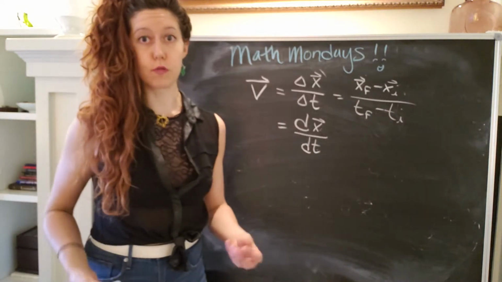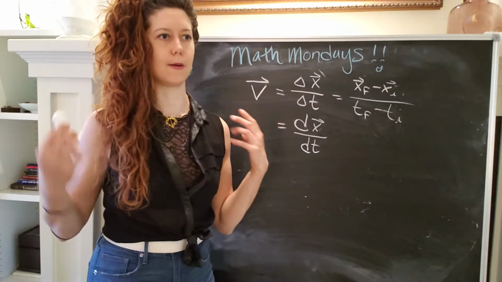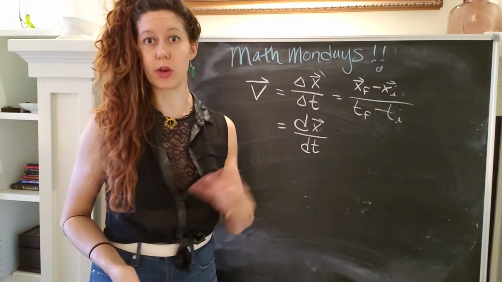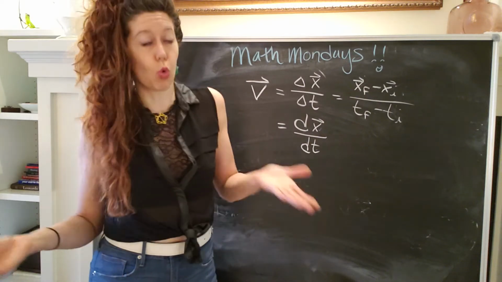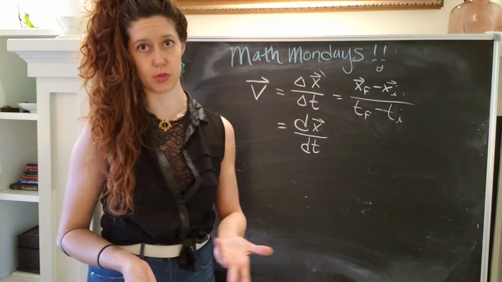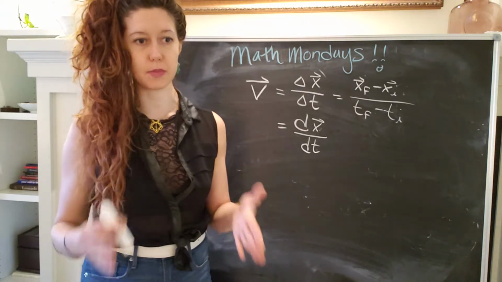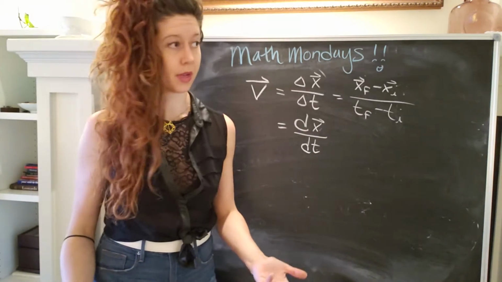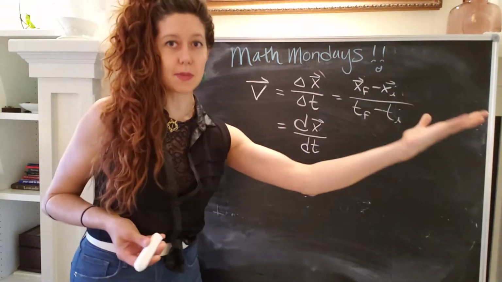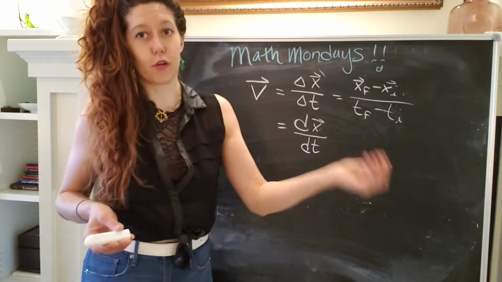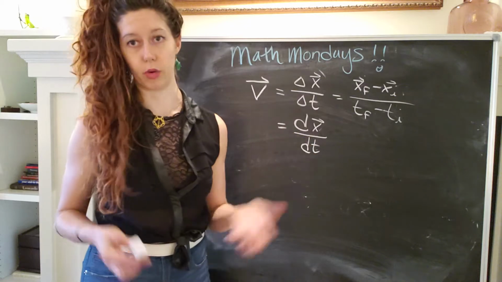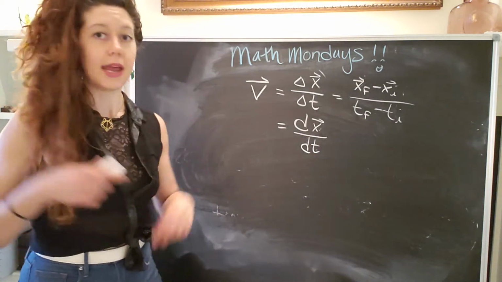The faster the velocity, the more distance we are covering in the same amount of time. Or conversely, we could also say that a faster velocity means that we're covering the same distance in less time. So if we travel 60 miles an hour to our friend's house, we get there faster than if we are traveling 20 miles an hour.